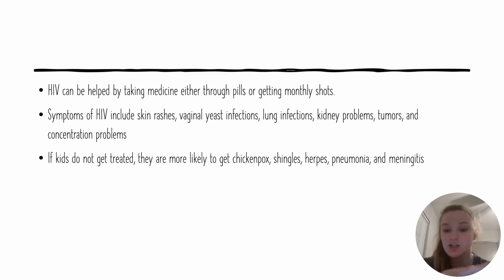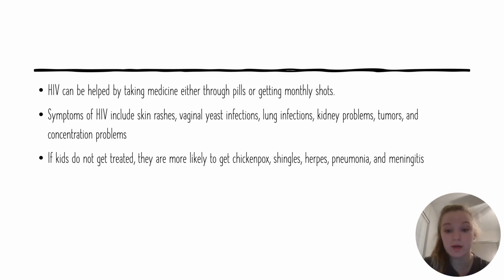For the infections, you can get all kinds of infections a lot easier, not just yeast infections or lung infections. And the tumors can sometimes be really small and not so bad, or sometimes they can be really, really bad and really, really big.